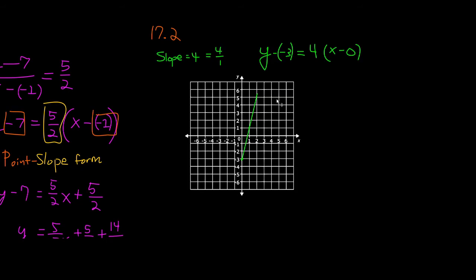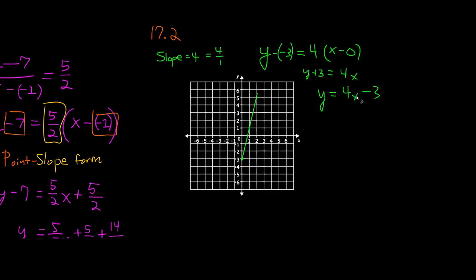Now let's rearrange this equation to go in what's called the slope-intercept form. This is probably the most commonly used form for these equations. It's the one that is called y equals mx plus b. And we'll go over that. So to do it, let's isolate the y.